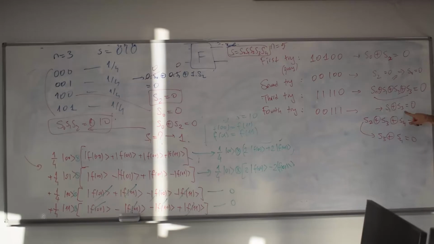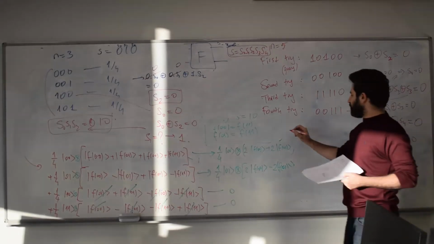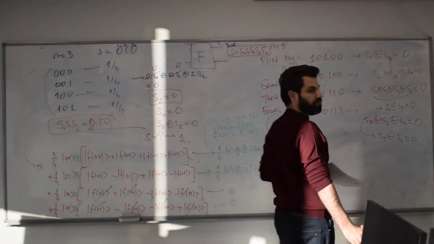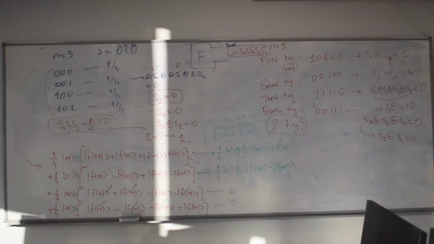No. Oh, I see. Okay, so do I need an extra try here? That's the question. Well, let's just use these equations if we can, because I cannot accept the trivial answer of 0, 0, 0, 0, 0. 5 zeros. That cannot be accepted.